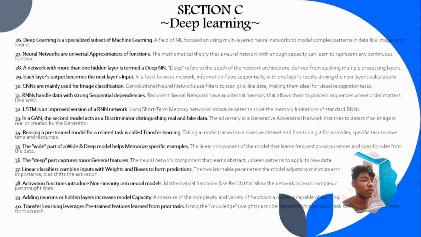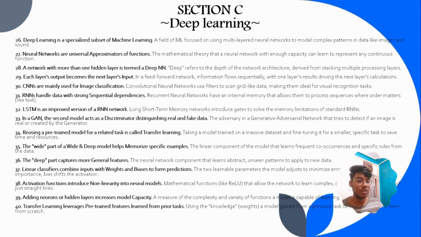There is a mathematical proof that says if a neural network is big enough, it can mimic any curve or function in the universe. Means AI can learn patterns and actually drive a car like Tesla does. So neural networks are universal approximators of functions.